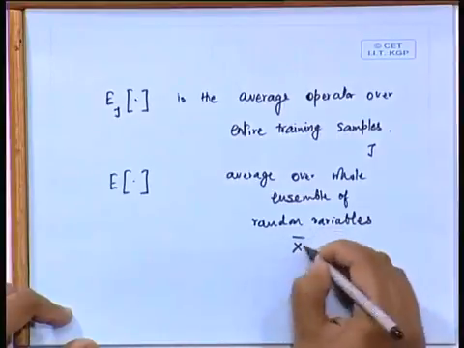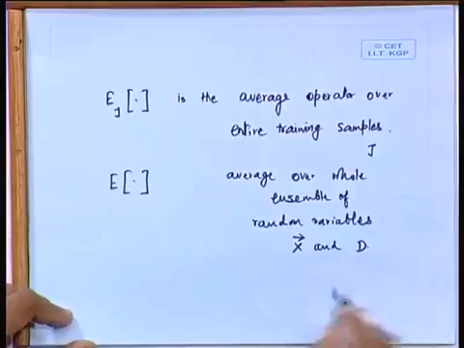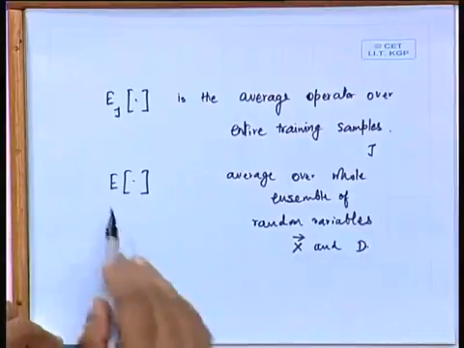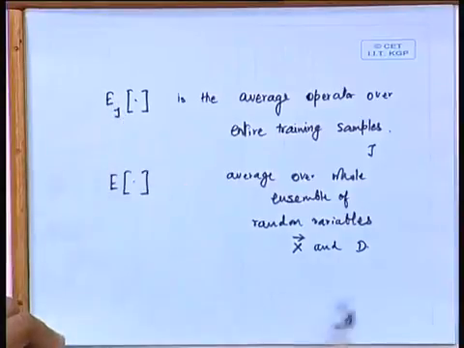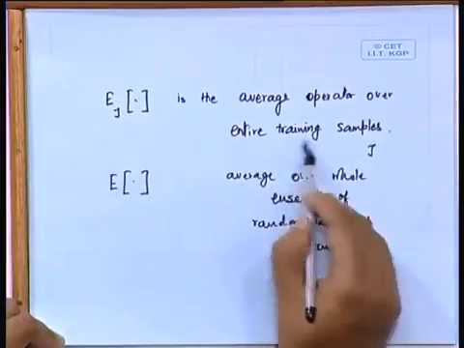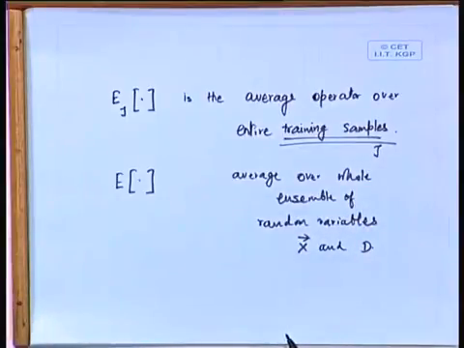X and D. So there is a difference between calling it E and calling it E T, because E T is defined over the training samples, and in fact the training sample is nothing but a subset of the ensemble.